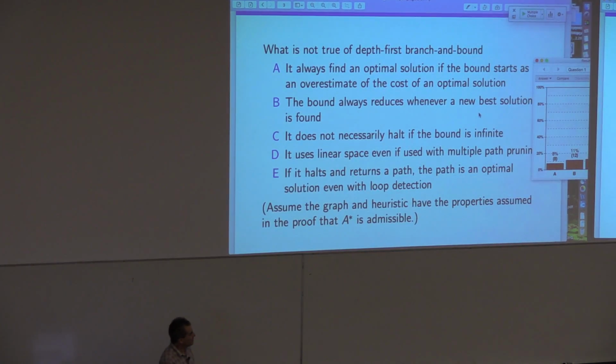If you use multiple path pruning, you have to remember everything, so it uses exponential space. So D is the correct answer. And if it halts and returns a path, then it returns the optimal solution. It's found at least one solution, and it's going to keep iteratively improving it until no more solutions are found. Any questions about that?